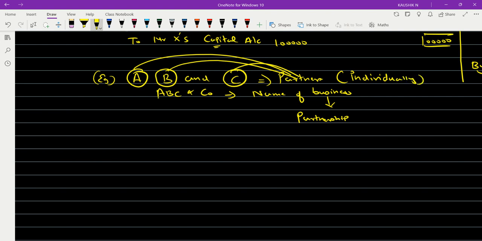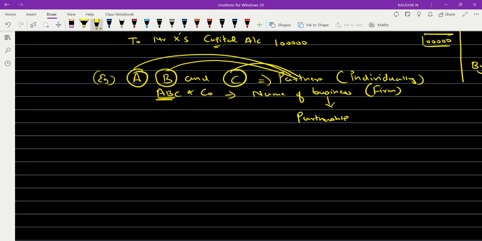Now you have clubbed those three, A, B, C, and Co. So collectively they call them a firm. So we call them a business firm. Individually they are called a partner. Collectively we term them a firm. So that's the difference between partner, partnership, and firm.